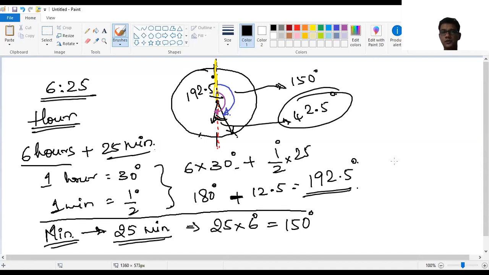Now, all I have to know is 3 main ingredients. Number 1, the hour hand's movement: every hour 30 degrees, every minute half a degree. And the minute hand's movement: every minute 6 degrees. These are the major 3 ingredients that I have to know, and if I know this, I can solve any kind of question that comes under clocks.